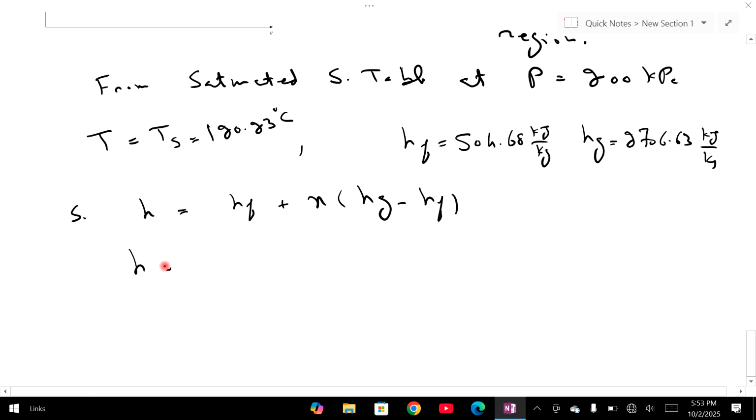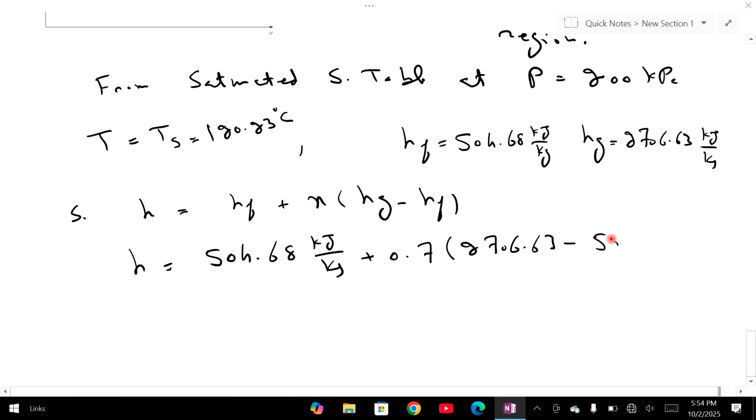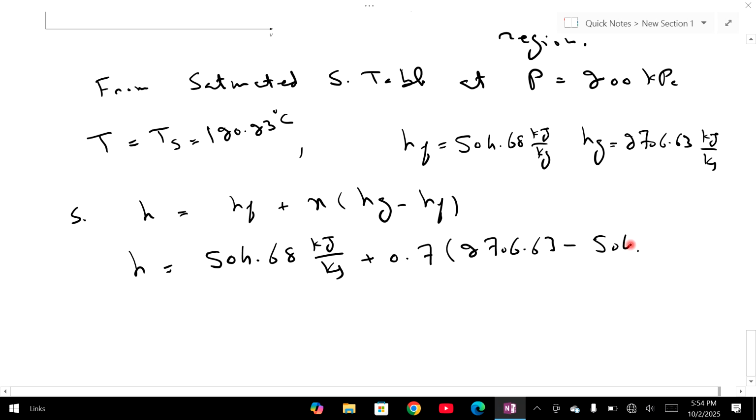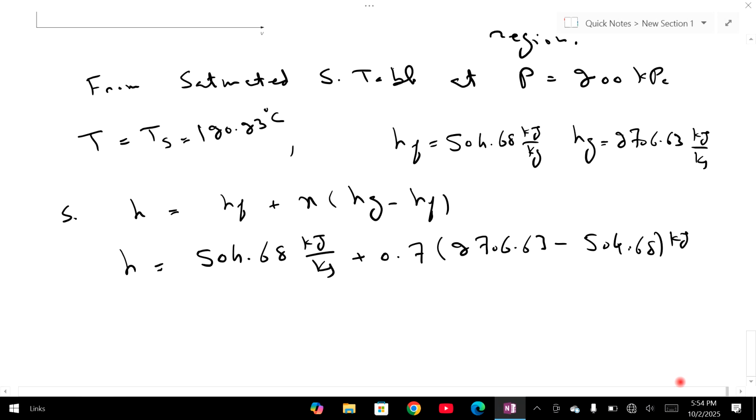So h is equal to hf, which is 504.68 kilojoule per kilogram, plus x, which is 0.7, times hg, 2706.63, minus hf, 504.68 kilojoule per kg.